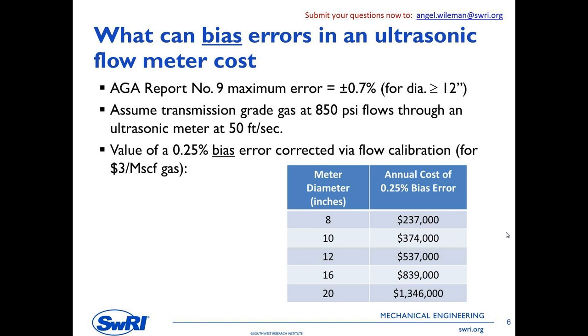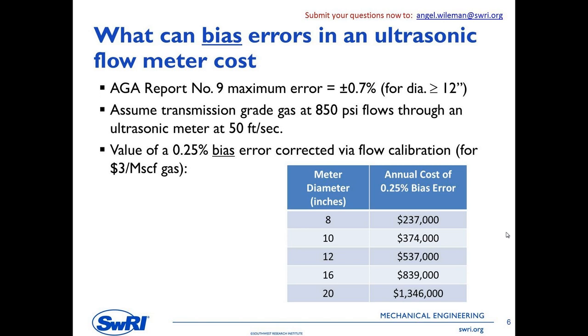So if I'm at 0.25% error in the meter, running at half scale, 50 foot a second through that meter, and gas costs about $3 per 1,000 standard cubic feet, you can see the costs outlined in a little table there at the end of the year. That's a fair amount of money. That's 1 meter and 0.25%.